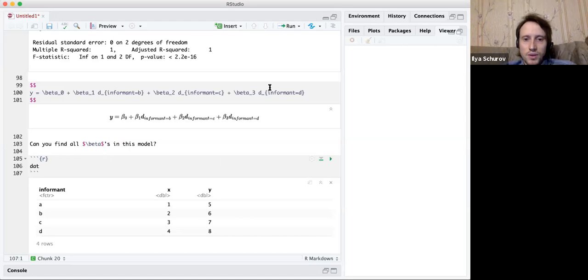Any questions about this formula? In this model, we don't have X at all. We don't have to take X into account in any way. Y does not depend on X.